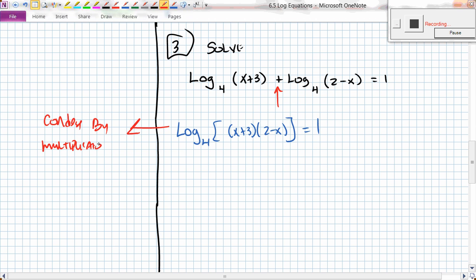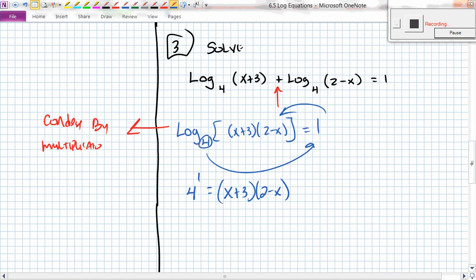Now, what we're going to do is FOIL that inside part there and get log base 4 of, let's see here. Or actually, what we can do now is exponentiate this thing. So we can say 4 to the 1 is equal to this stuff. So 4 to the first is equal to x plus 3 times 2 minus x. Who got that far? Yeah, good.